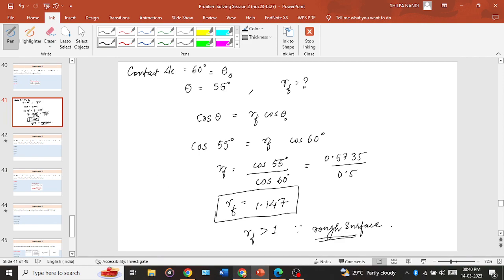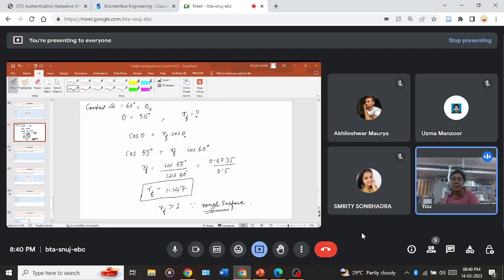I hope till now everything is clear. It's just basic maths. You have to just know which equation to put in where. You must remember the equations to solve each and every problem.